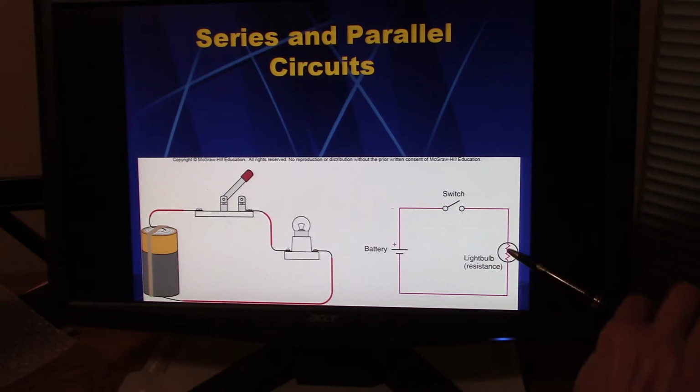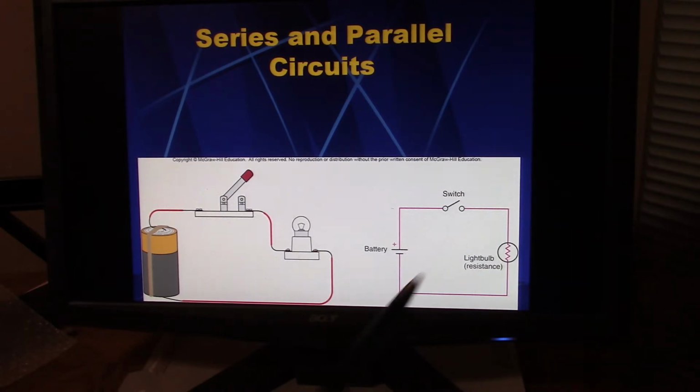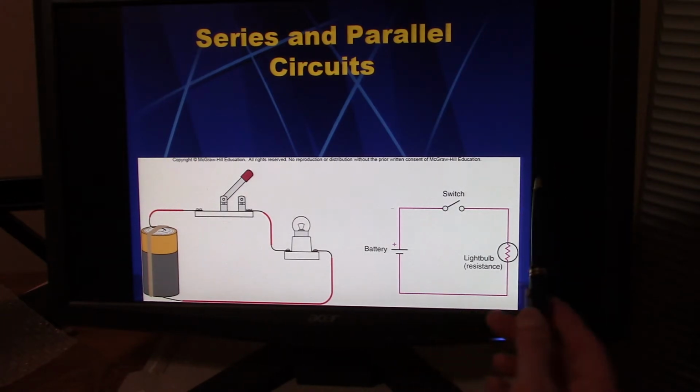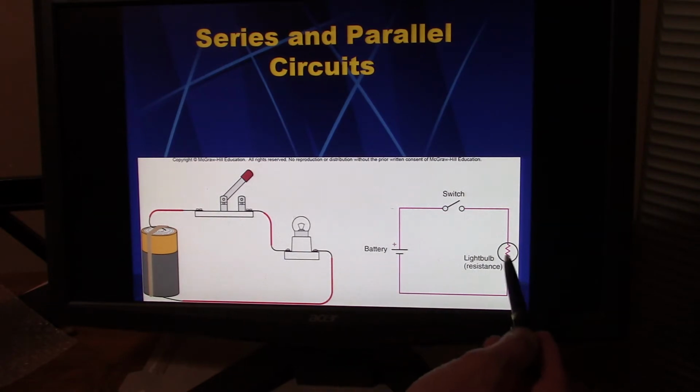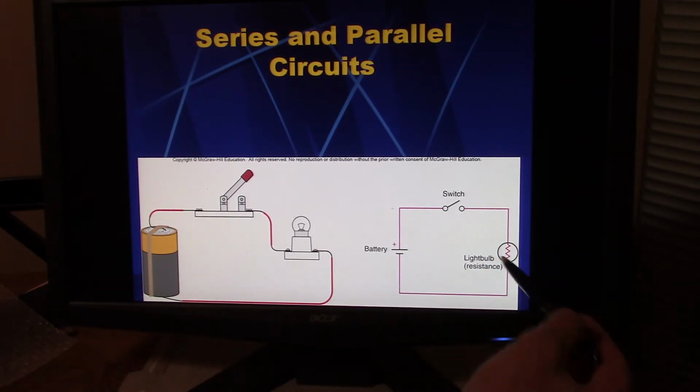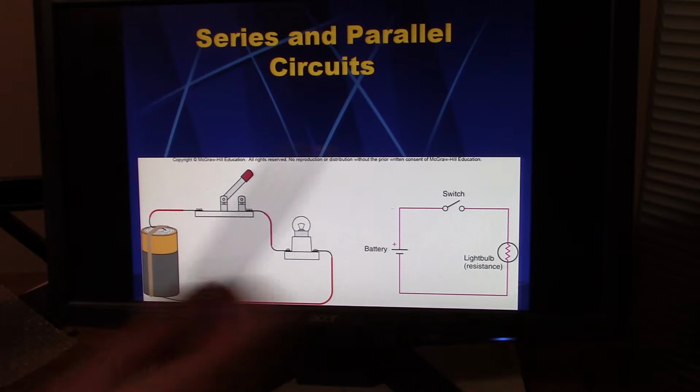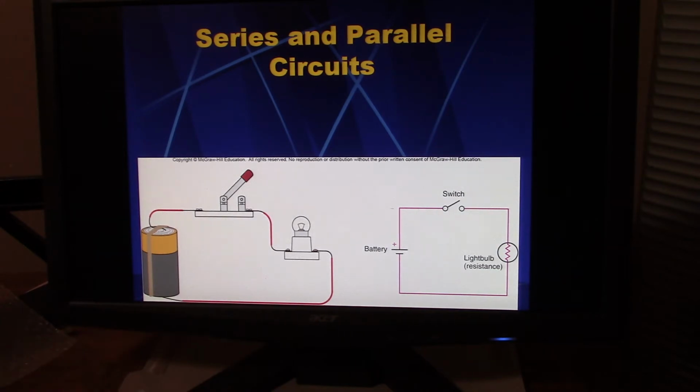Then whatever your load is, this could be a light bulb, or maybe you're heating something up, or what you use to charge your phone. It's a load. All the battery knows is it now has some kind of resistance that the electrons are going to use, so you draw it with resistance. That's what this symbol is here. That's resistance, okay?